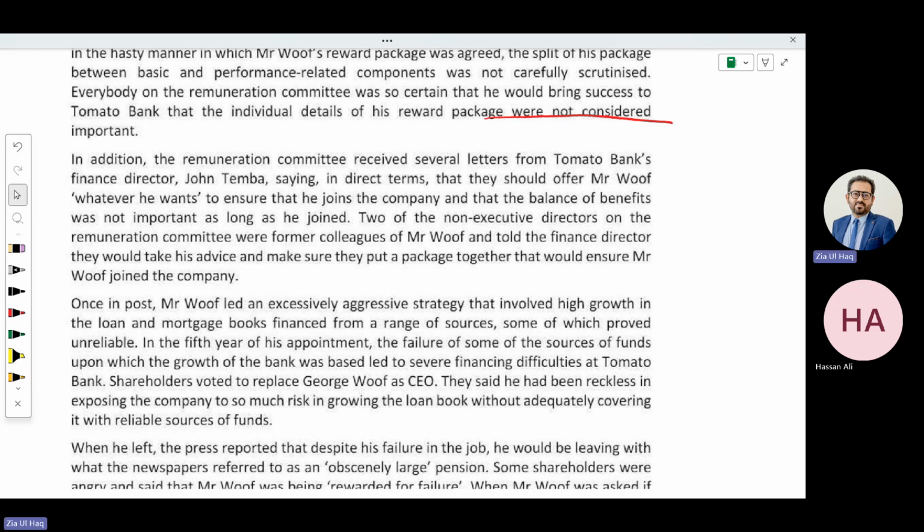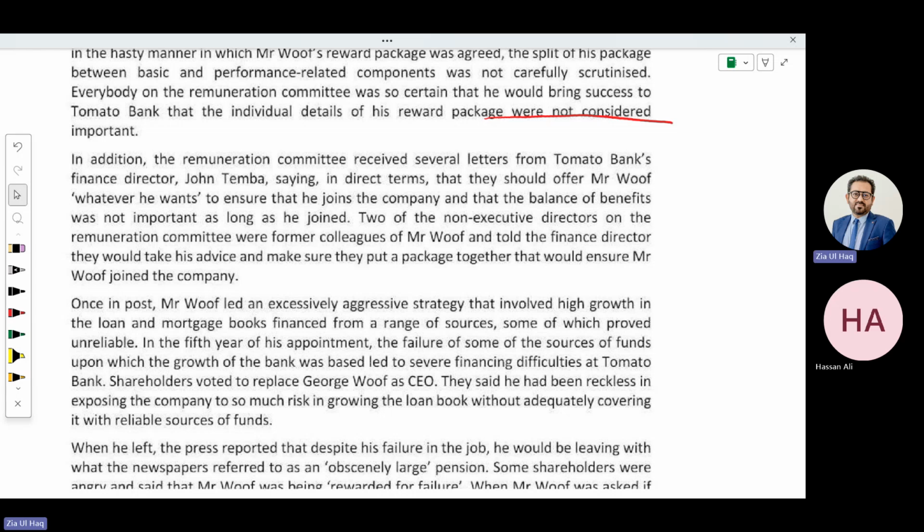Remuneration committee should comprise of all non-executive directors who should be independent. Executive directors should not be part of the remuneration committee because they need to set remuneration policy of the company, including executive director, manager, and other employees. And if executive directors are involved in remuneration committee operations, they are involved in setting their own pay.